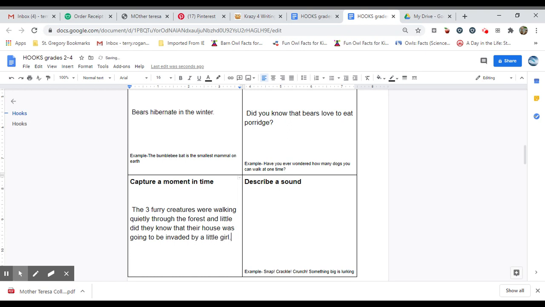So I'm capturing the moment when they have left the house so their porridge could cool.